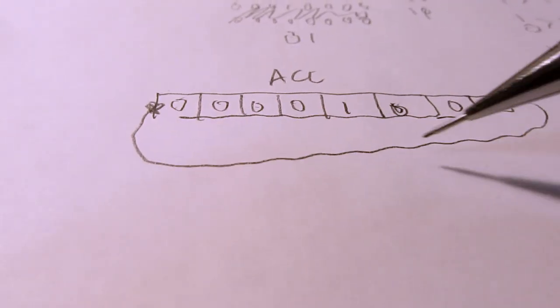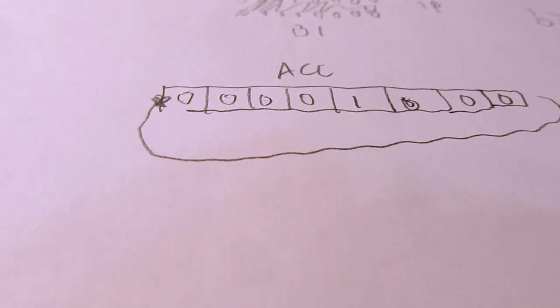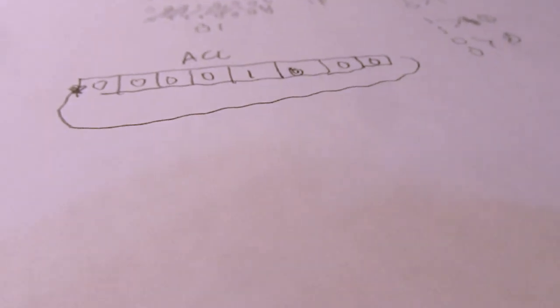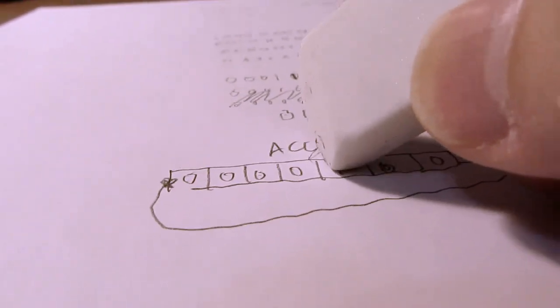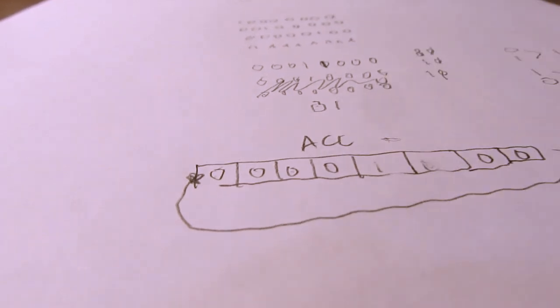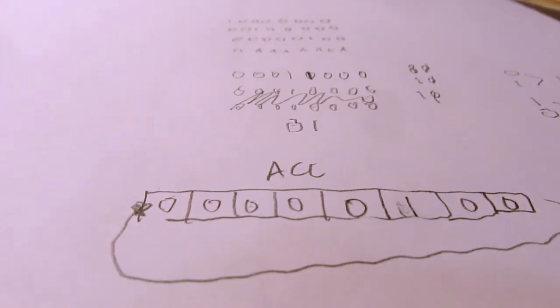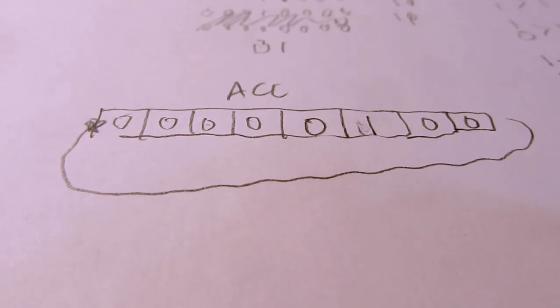So it's just like moving them in a circle, one position. So now we take that one and we move it over to here. So that's what's happening there.